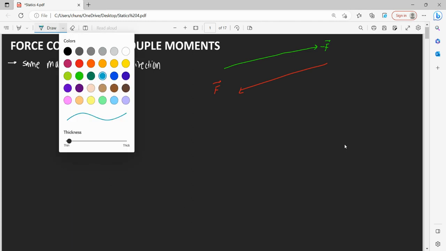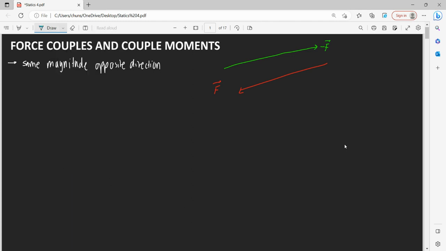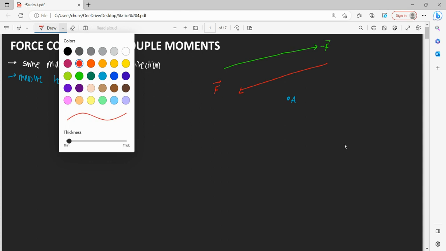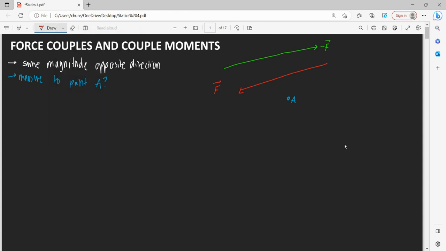Now, what if we wanted to measure from a point A here? So what we're going to do for this example, we're going to measure our distance for each one separately.